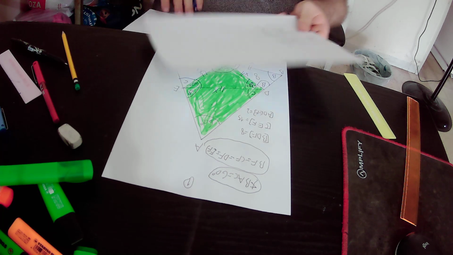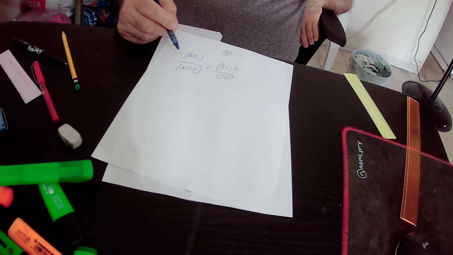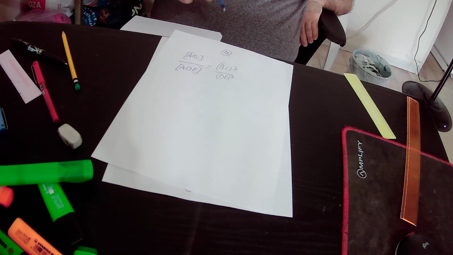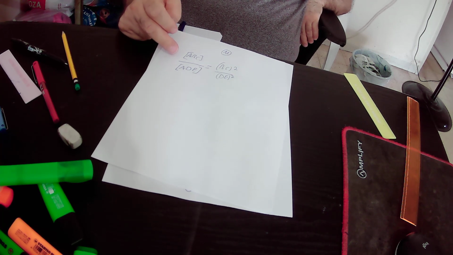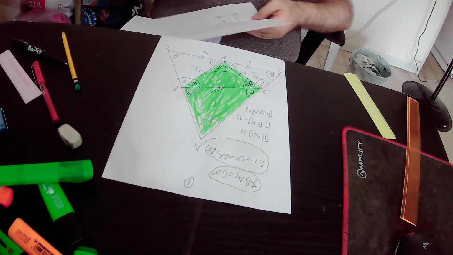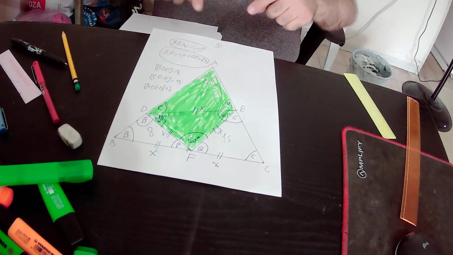So again, the area of triangle ABC over the area of triangle ADE equals BC squared over DE squared, according to rule number 4. But what is the value of BC?